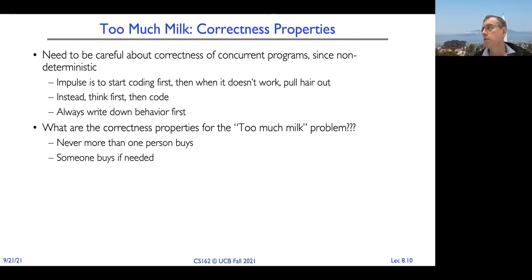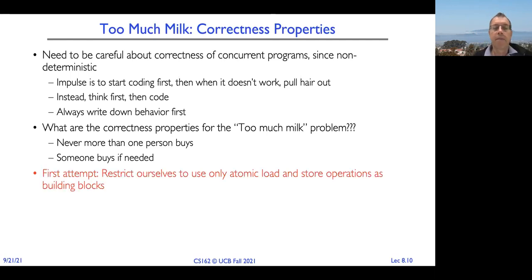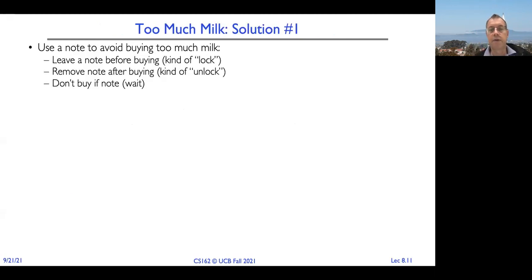Otherwise, you don't get the milk. Okay. So let's think about it if you restrict yourself to just load and store. Load and store meaning that you are going to modify some variable in the memory, which can be read by any program. Okay.